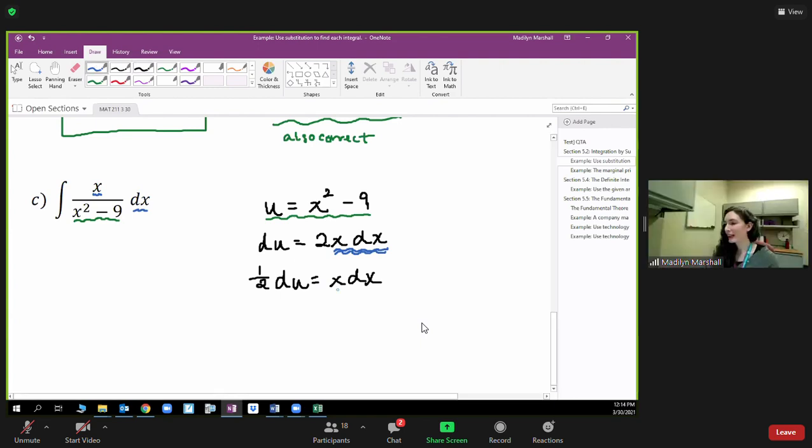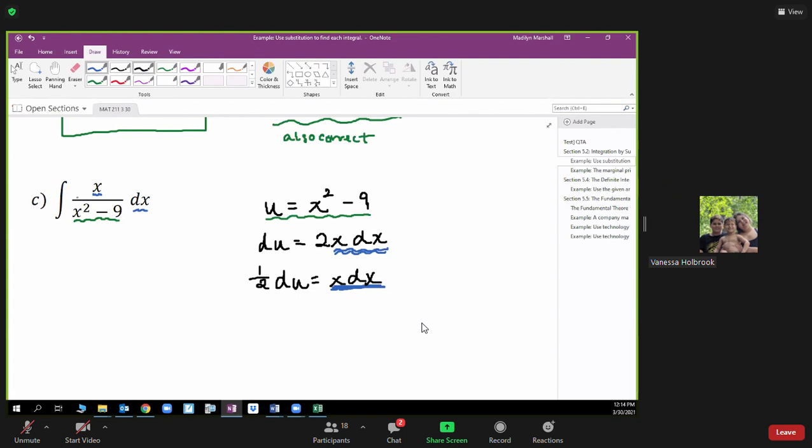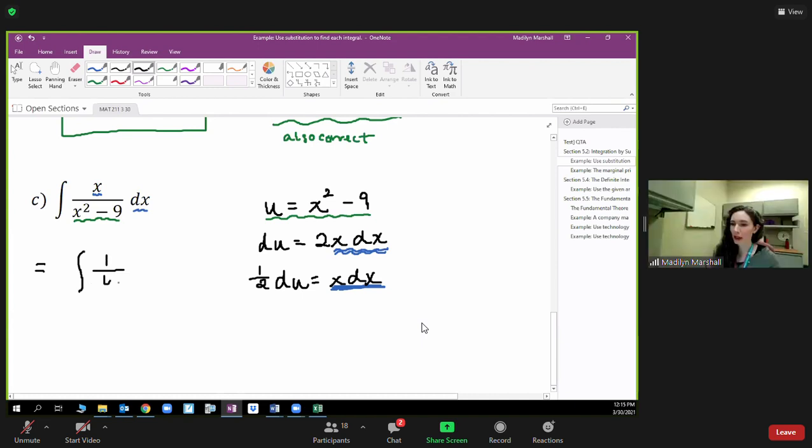So now we have just the stuff that's in the integral equal to something with u in it. So u is in the denominator. The x is going to be a part of the du, so in the numerator we really just have the 1 left over.